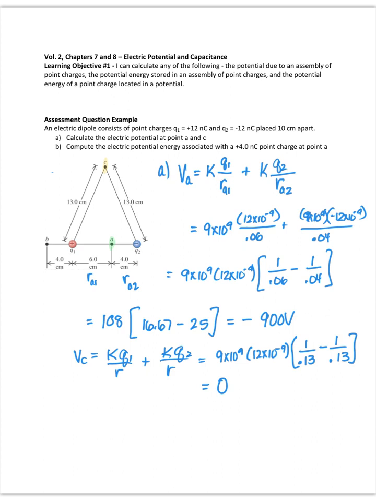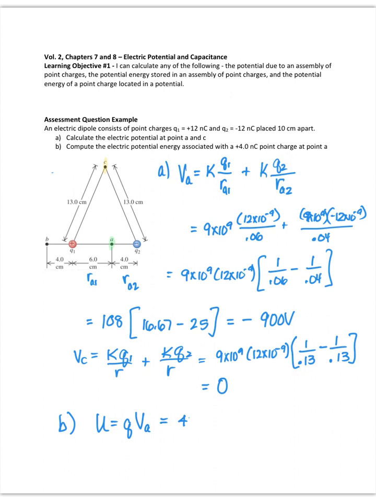Now finally, in part C, we're asked to find what is the potential energy associated if we put a 4 nanocoulomb charge at point A. So here we're using the relationship between potential energy and potential. And so we know that the potential at point A represents minus 900 volts. If we put a charge at that location, then we'll know what the potential energy associated with that is.